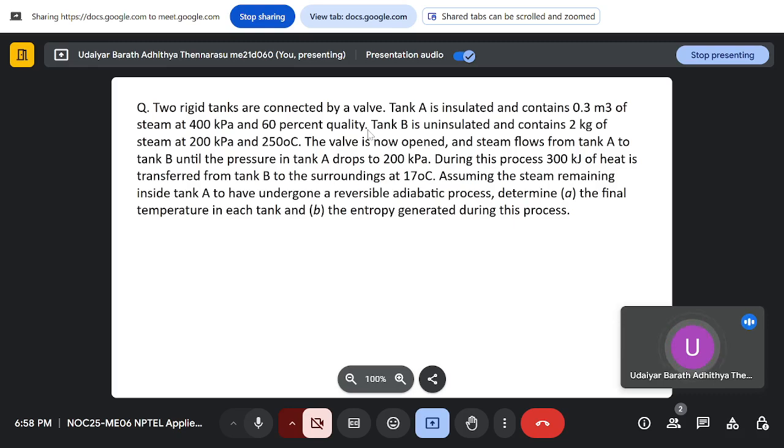During this process, 300 kJ of heat is transferred from tank B to the surroundings at 17 degrees Celsius. Assuming the steam remaining inside tank A has undergone a reversible adiabatic process, determine A, the final temperature in each tank, and B, the entropy generated during this process.